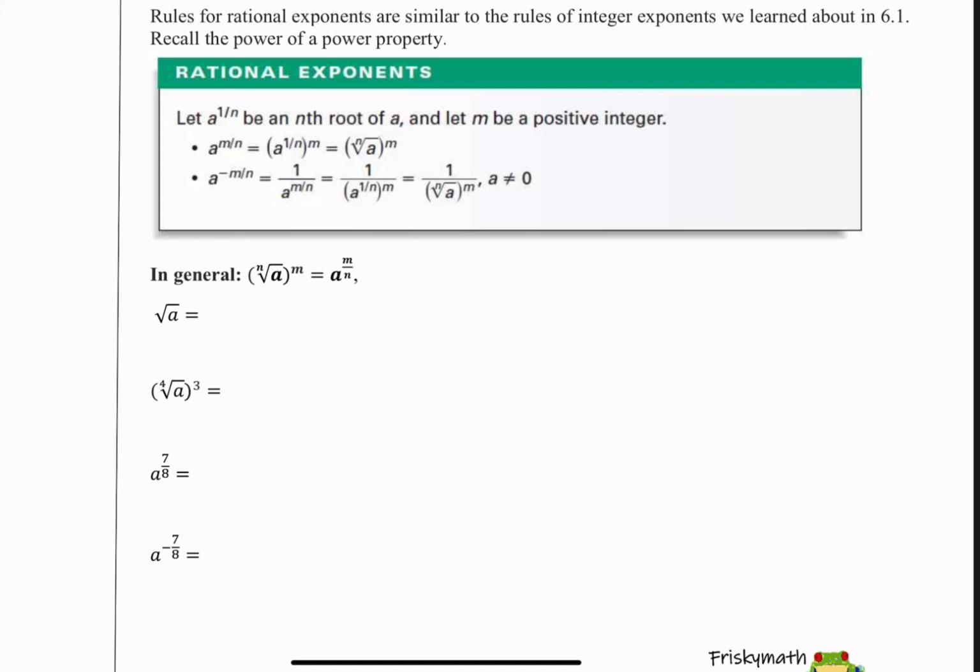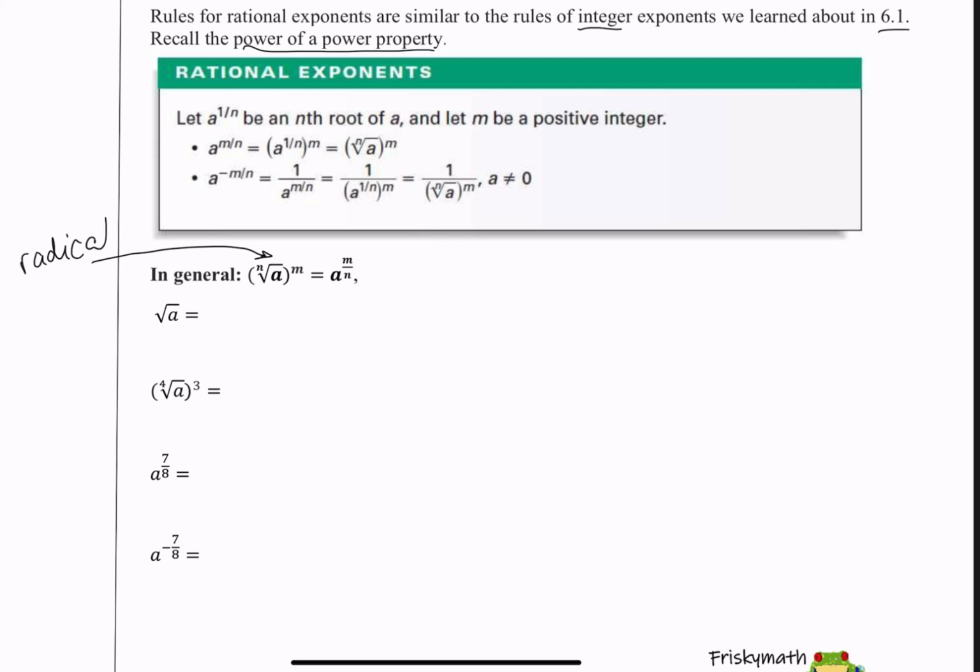Rules for rational exponents are similar to the rules of integer exponents, whole numbers, that we learned about in your 6.1 unit. So recall the power of a power property. We're going to use that power of a power property in order to go from, for example, radical notation to different versions of rational exponent notation. In general, something that looks like this, which is in radical notation, right?